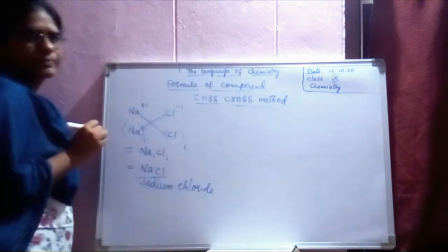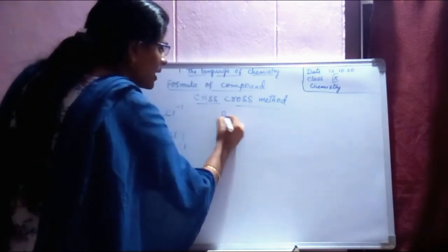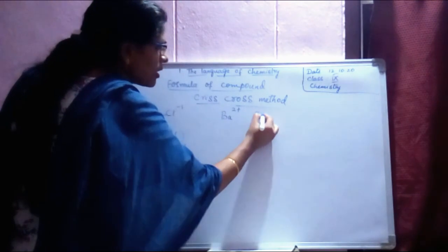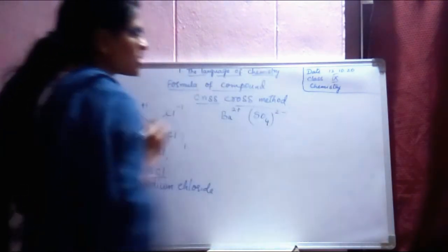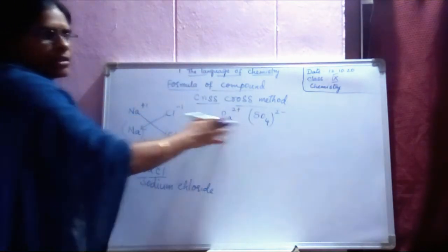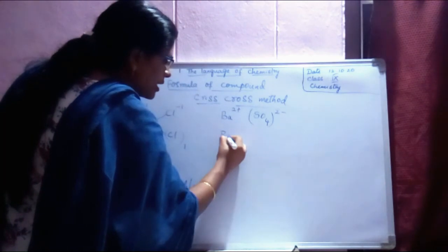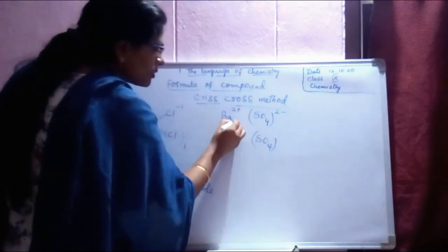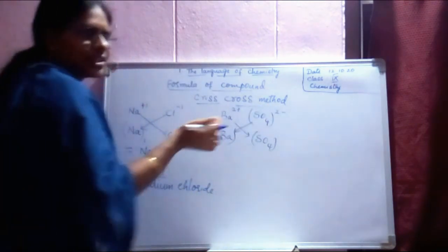Let us take another one. Ba2 plus, SO4 2 minus. One cation, one anion. Now again write BaSO4. Just simply interchange the charges.